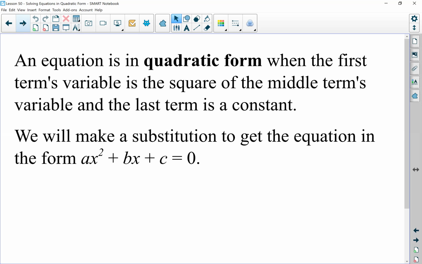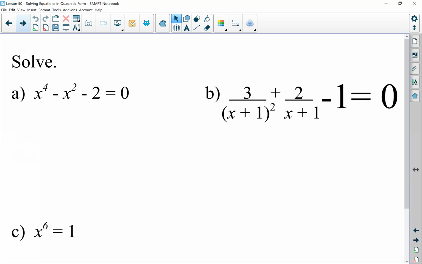All right, so problems are going to look like this. X to the fourth minus x squared minus 2 equals 0. Our second example is 3 over (x plus 1) squared plus 2 over x plus 1 minus 1 equals 0.